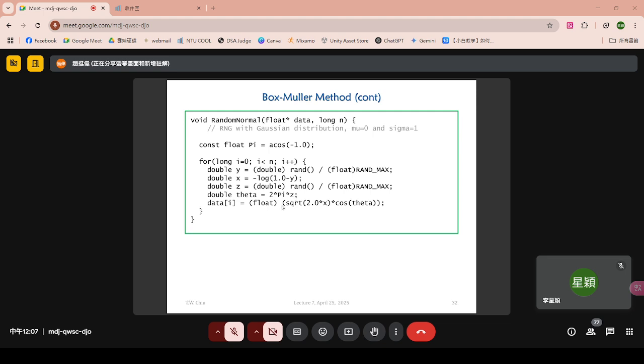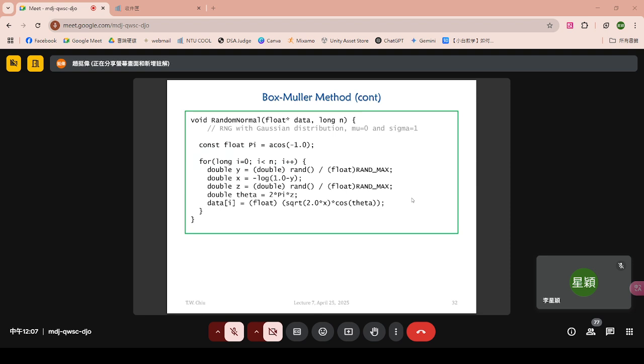Then I use x1 as one of the random numbers with the Gaussian distribution. I can choose another one using sine, and that is another random number with the Gaussian distribution.